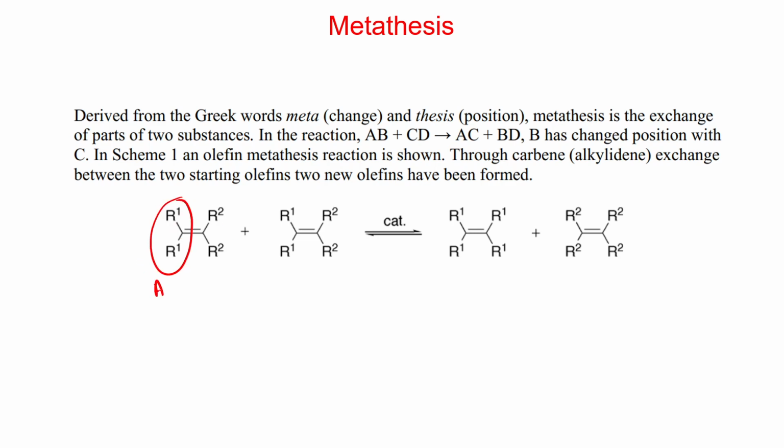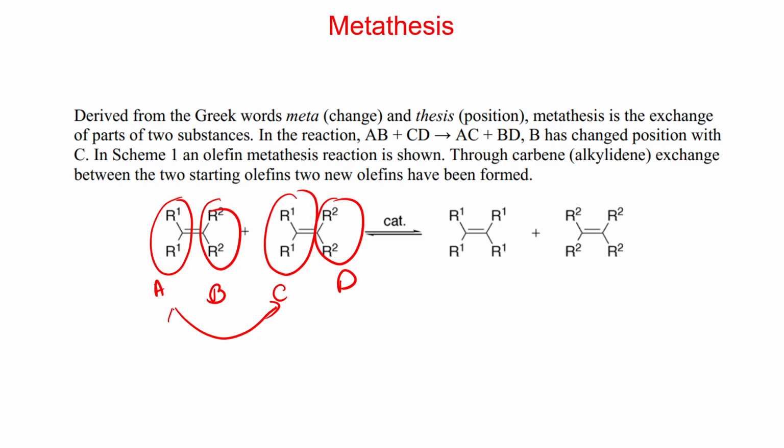If we consider this as A, this is B, this unit is C, and this unit is D. So the metathesis forms AC and BD. This is the general idea.